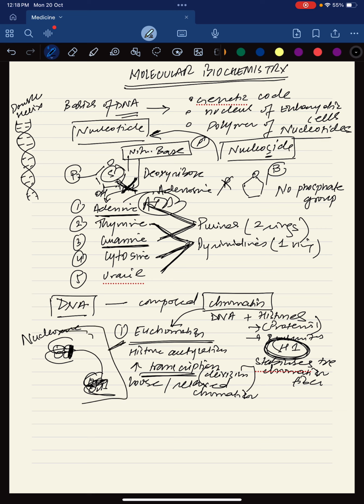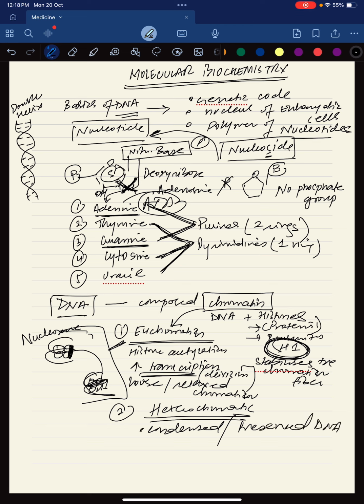When it condenses further, it becomes heterochromatin. Heterochromatin is a more condensed and preserved form of DNA. This is the part that appears darker under the electron microscope.